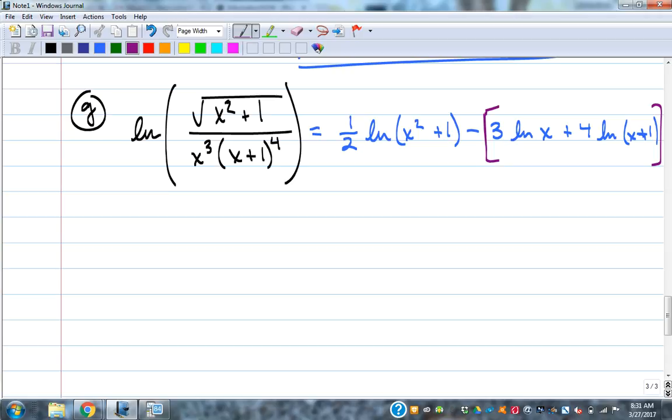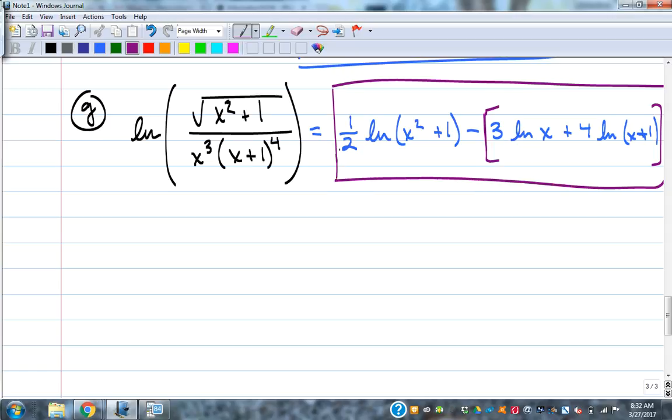All right. So there's some expansion. Expansion is maybe not as useful in solving as condensing is going to be, but it is necessary in some cases. Just enough cases we need to be able to do it. It also helps us learn the properties so that we can go the other direction and condense. It's kind of like when you learn the FOIL method and multiply out polynomials.